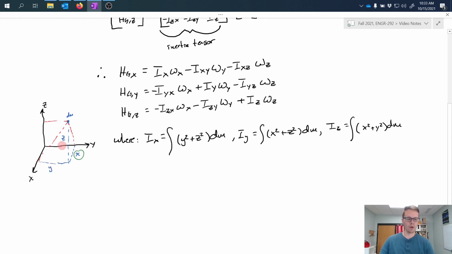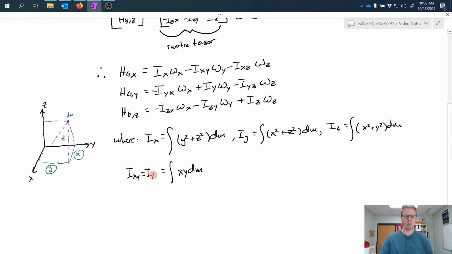So therefore, I would pull those two together and get Ixy as the integration of xy dm.